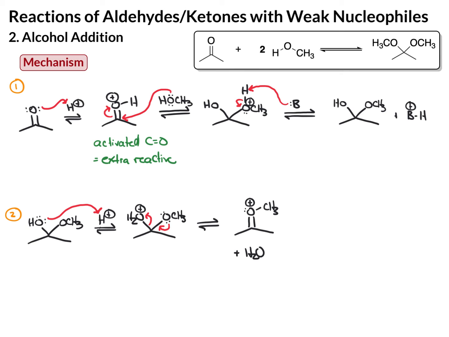What I effectively have right here is another activated carbonyl that wants to accept the nucleophile. So this is when methanol adds. I'm going to use the methanol and add that to the carbonyl carbon.